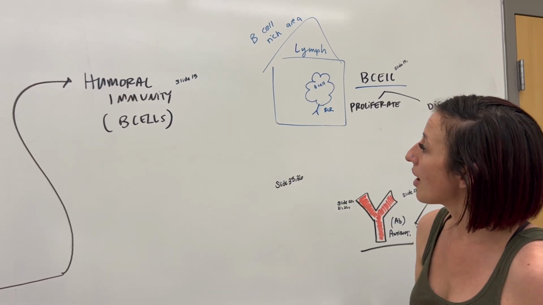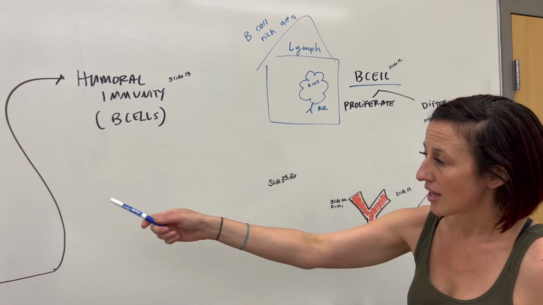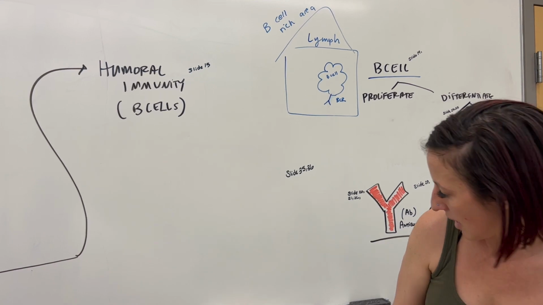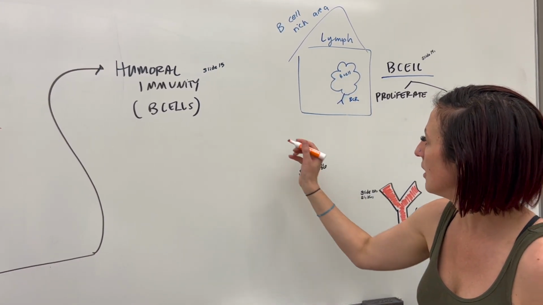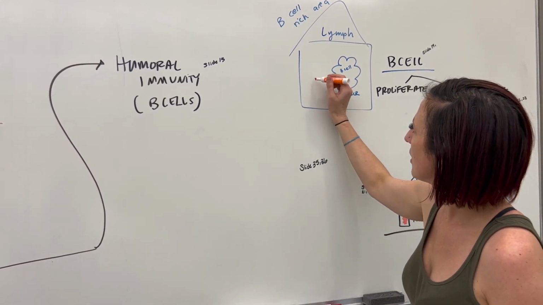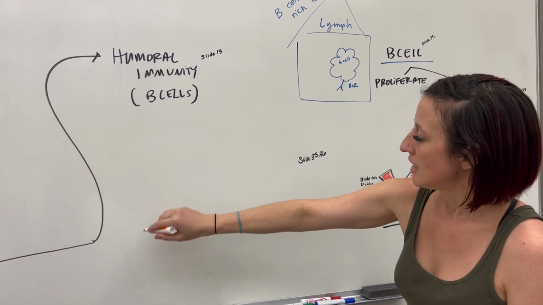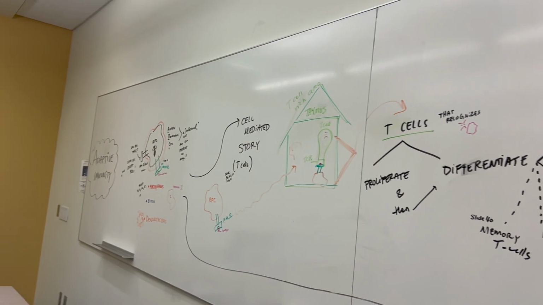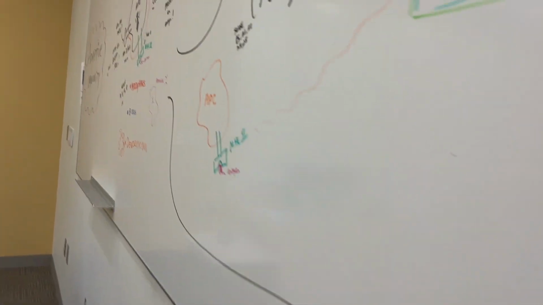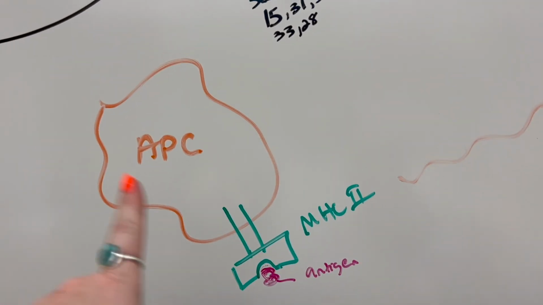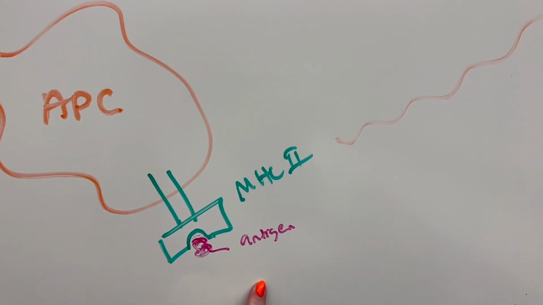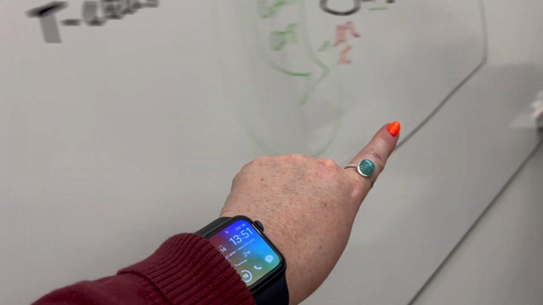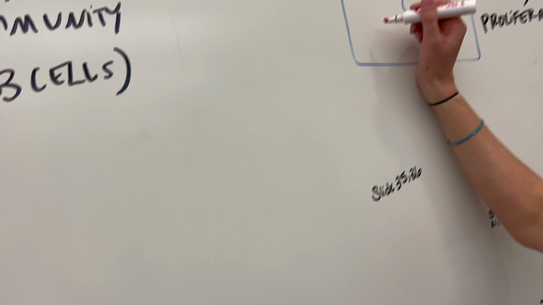So for our B cells, the same thing as before, we have our APC coming along from over here. We'll just pretend in this one it's a macrophage.